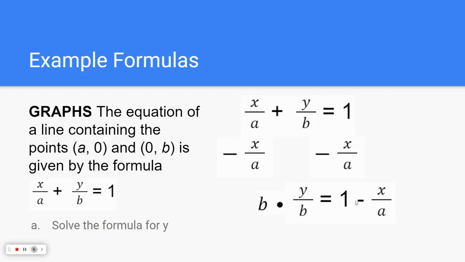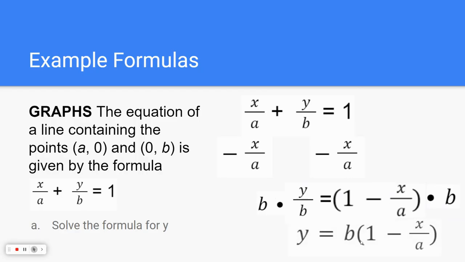But here I'm multiplying, so I have to remember that while there is no fraction bar, I still have to multiply this entire side by b, so I'm going to make sure that I use parentheses when I'm doing the multiplication.